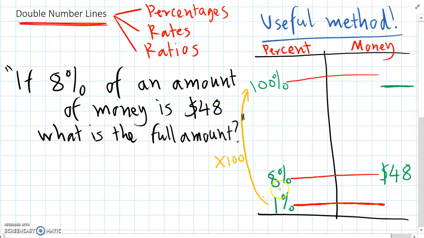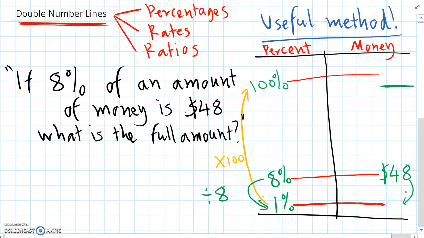So in our situation, we need to think, how do we go from 8% down to 1%? Well, we've divided by 8. We're always thinking multiplying or dividing with a double number line. And what we did to one side, just like on a fraction, we do to the other.